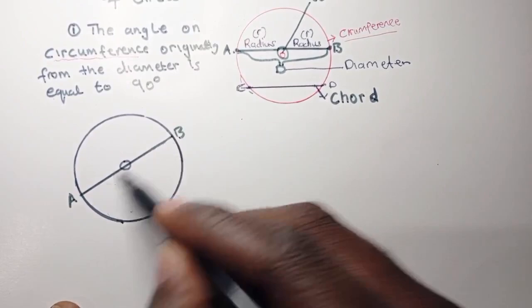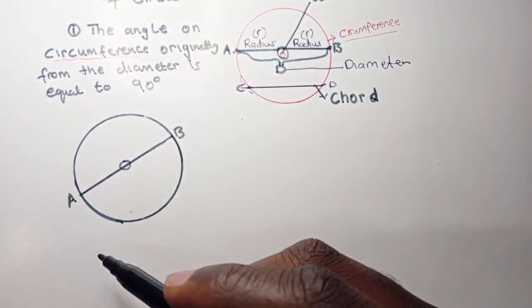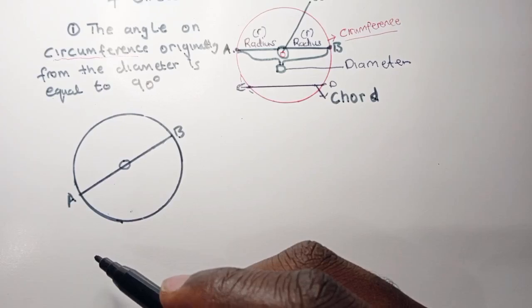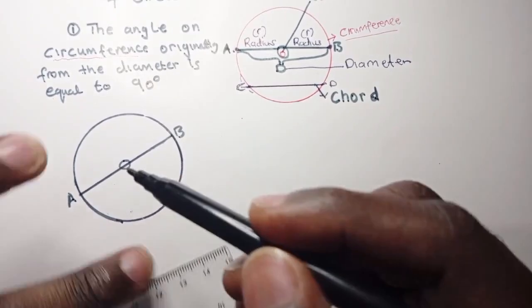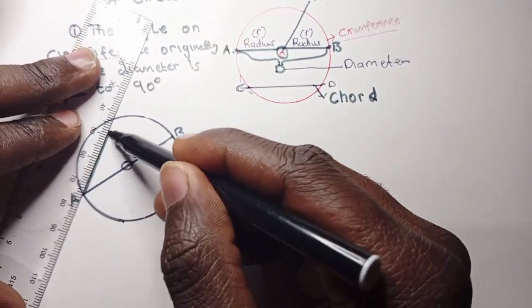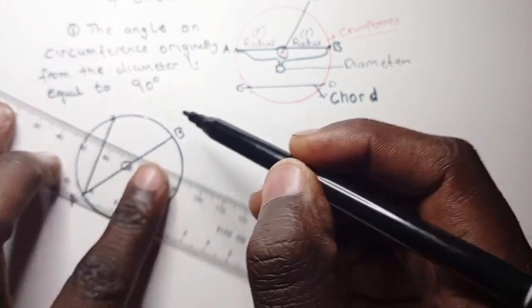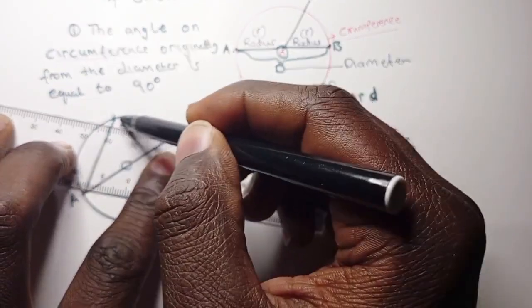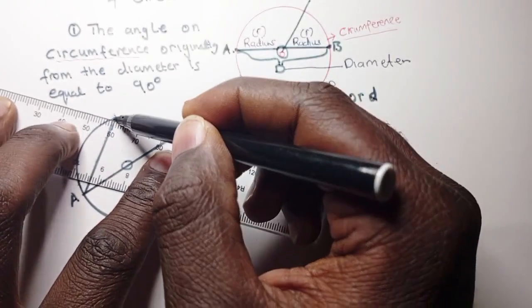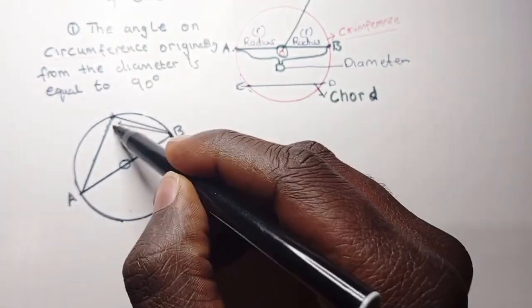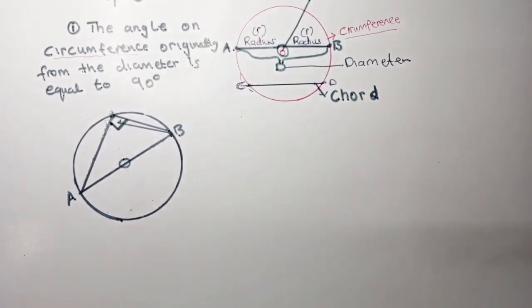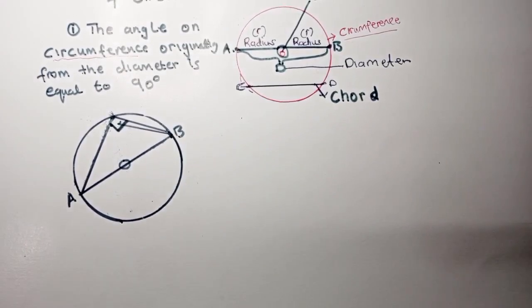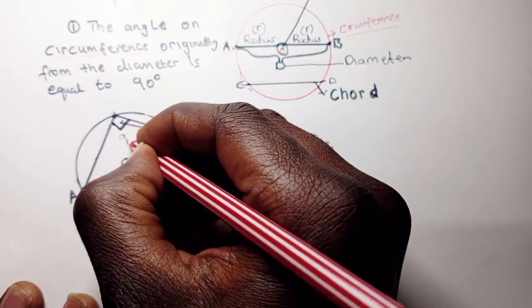Now an angle that originates from AB goes to the circumference, like this. The angle that is formed here is 90 degrees.